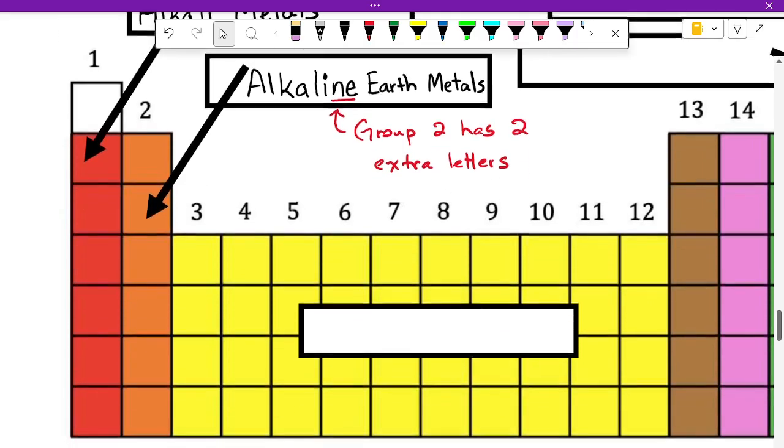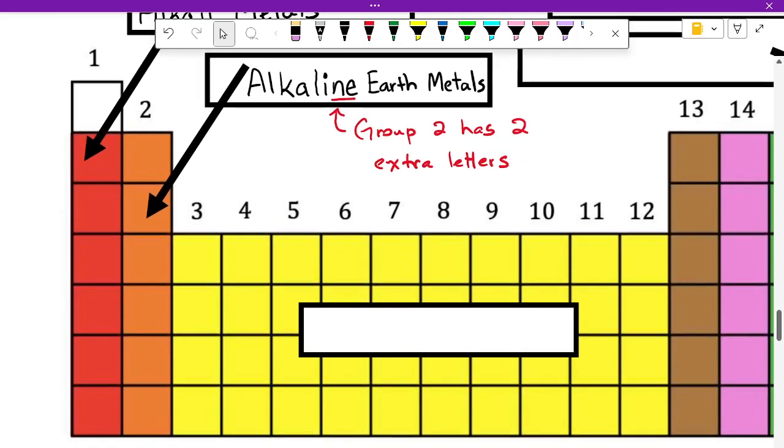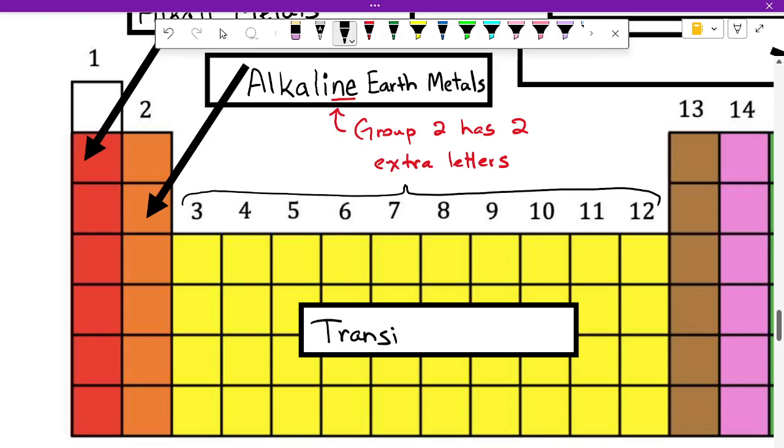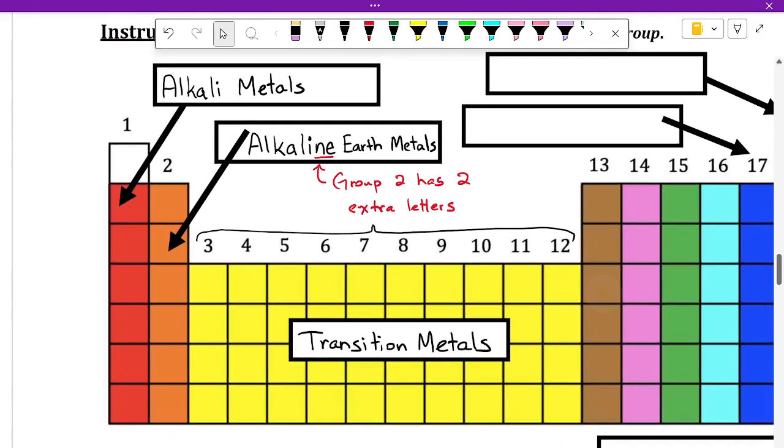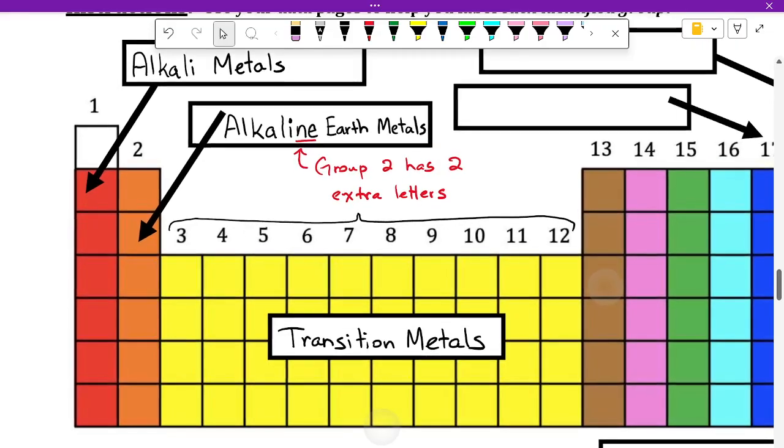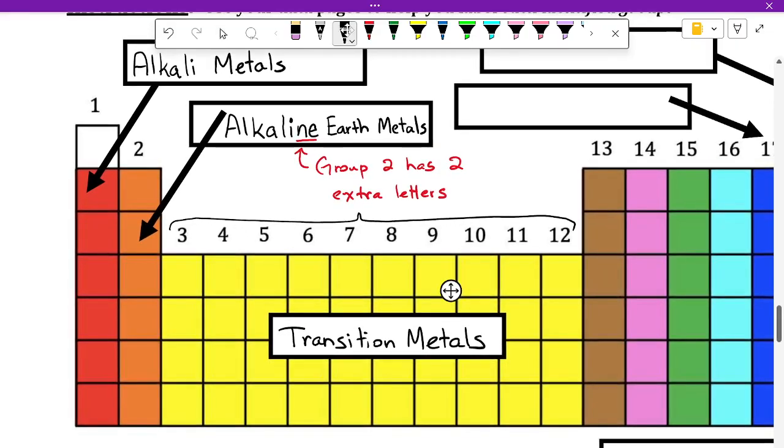Right, now in the middle of the periodic table, groups 3 through 12, 3 all the way to 12, those are called transition metals. And then groups 13, 14, and 15, we don't have names for them.